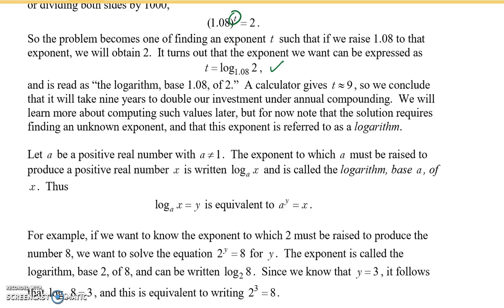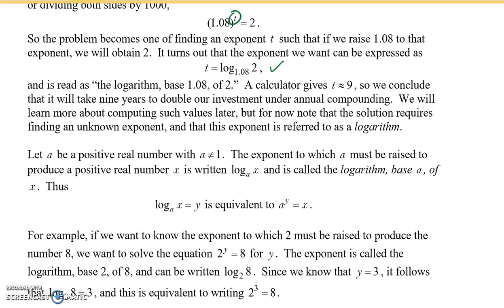Now, if we know how to approximate this logarithmic expression on a calculator, and you'll eventually learn how to do that, we would see that it's very close to being equal to 9. So we conclude that it will take approximately 9 years to double our investment under annual compounding.